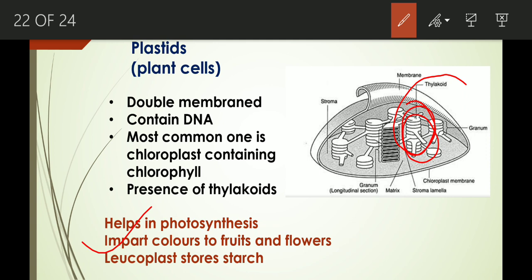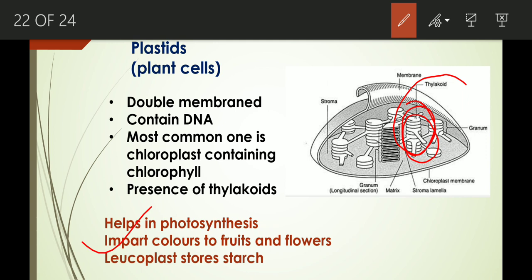Apart from that, there is another type of plastid called leucoplast, which stores starch, or you can say food, in the form of starch.